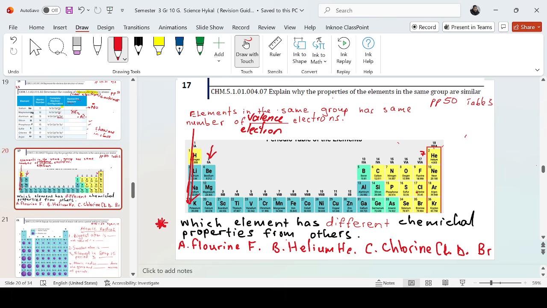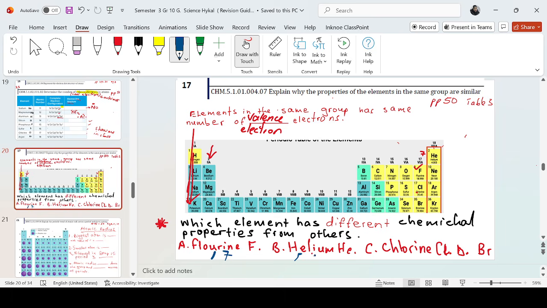Let's come here. Fluorine, where is fluorine? F. The next one, helium. Helium is in group 18. Fluorine is in group 17. So fluorine is group 17.